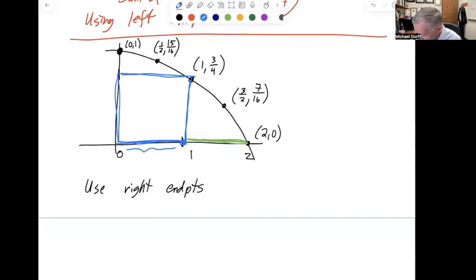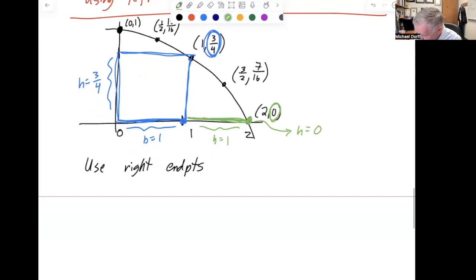The base is 1, and the height is 3/4, which comes from this value right there. For the second one, I've got a base of 1, and the height comes from this value here. The height is 0.